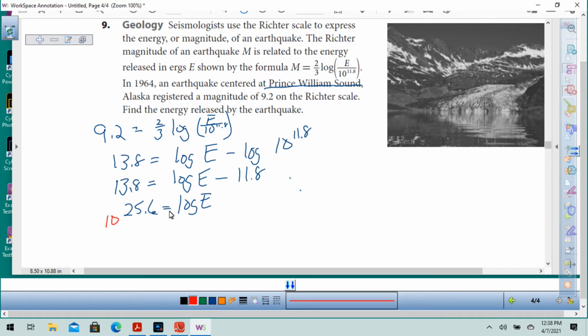So I'm going to make it exponents, and that gives me 10 to the 25.6 power equals E. So you might say E equals 3.98 times 10 to the 25th power.